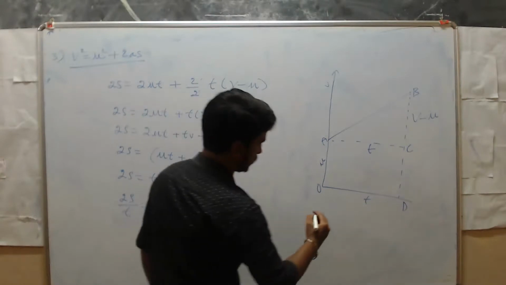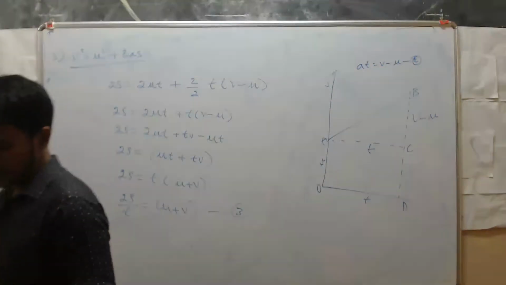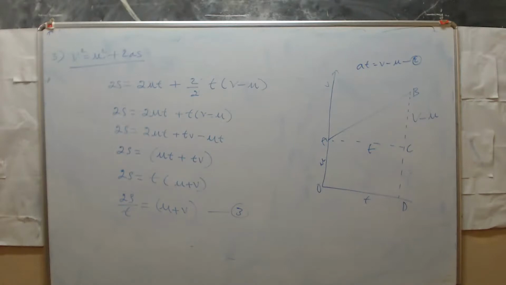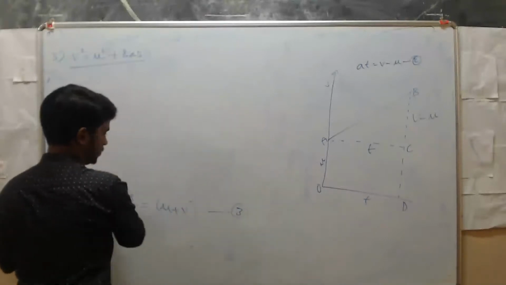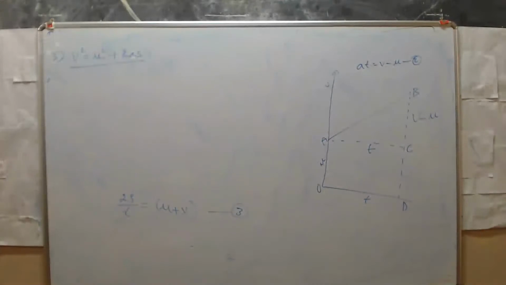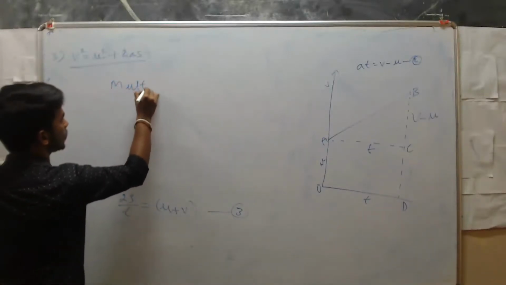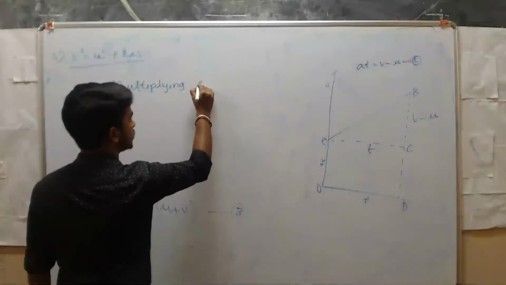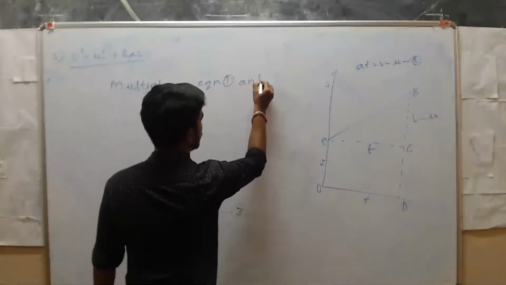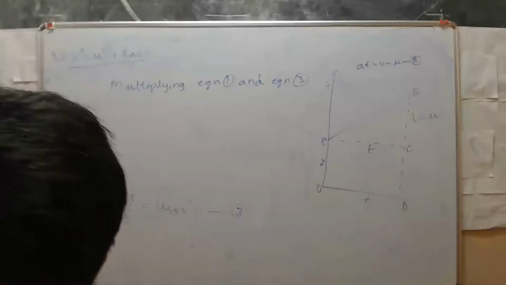So now this is equation 1, right? AT equals V minus U. Now multiply equation 1 and equation 3.